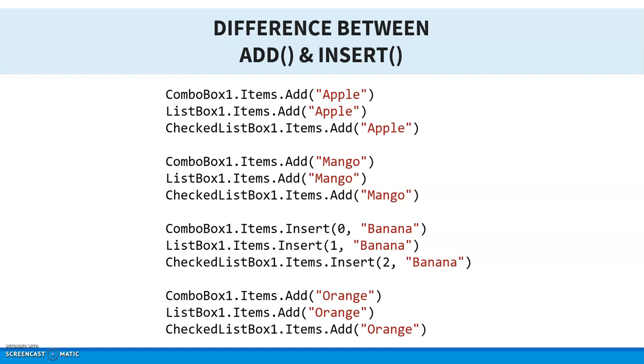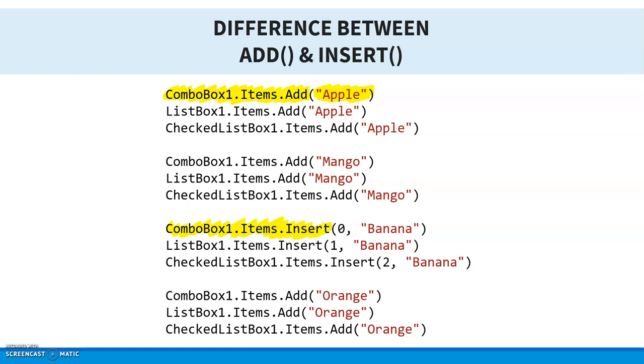Here we have the example: combo box 1 dot items dot add, and you can simply write the value or the item name in double quotes. Simple, you can write this way. This is the add. And when you say insert, it means combo box 1 dot items dot insert.